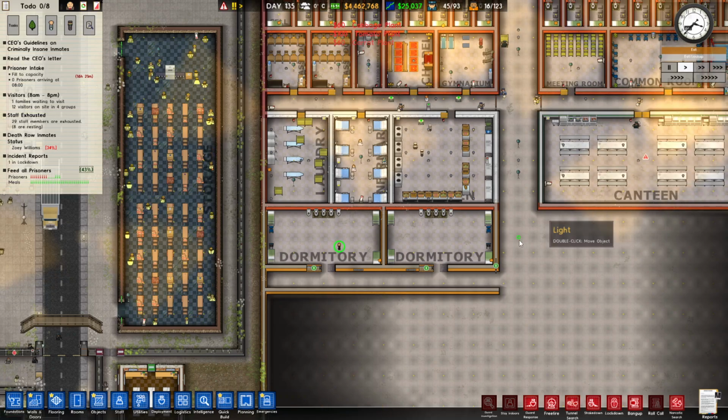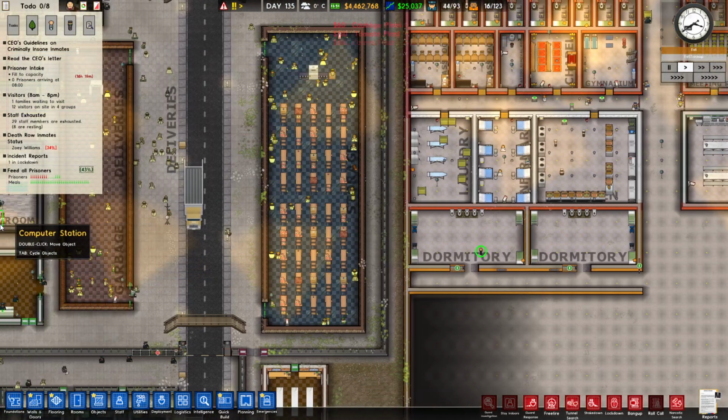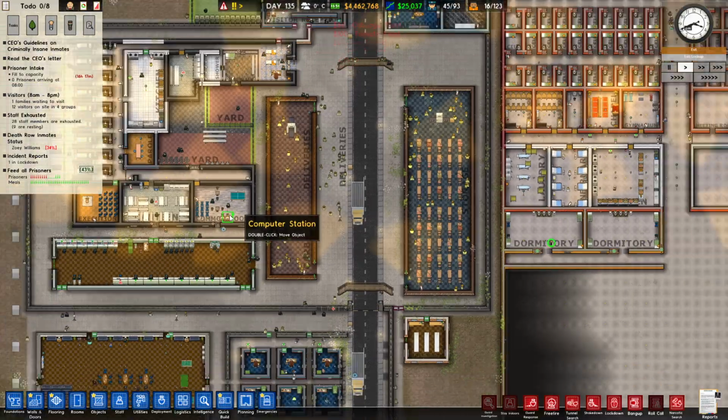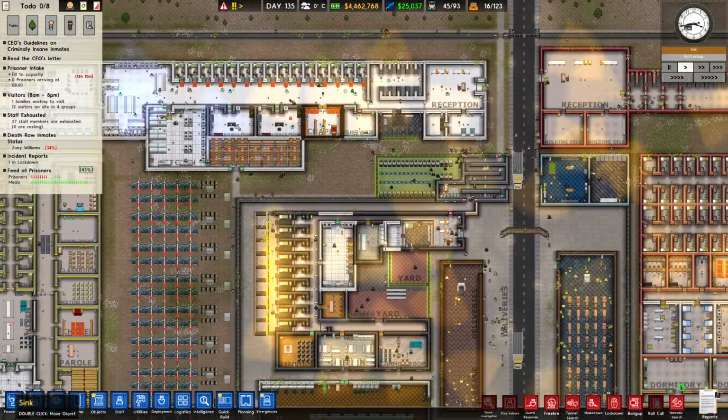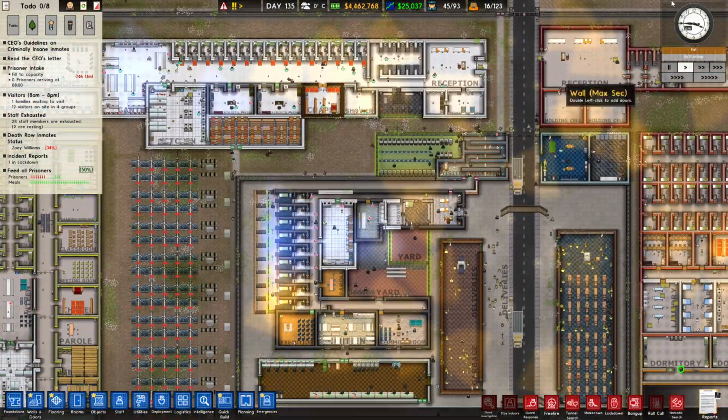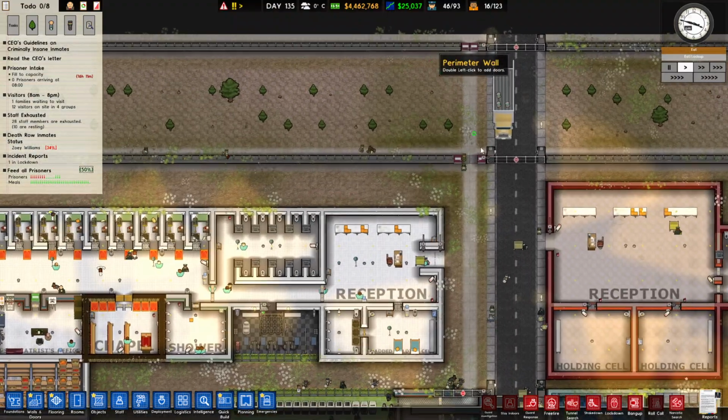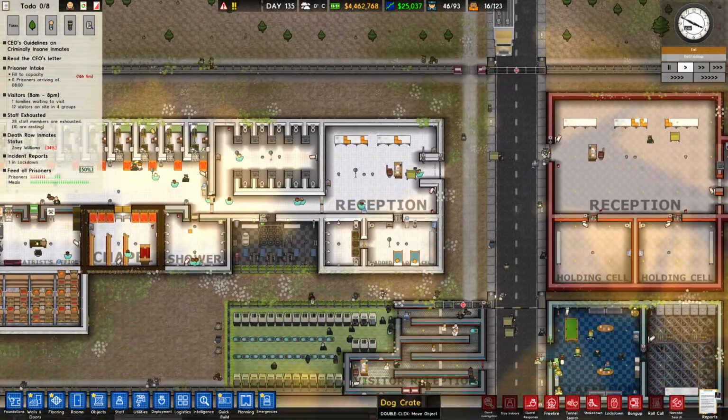Alright, let's take them to the infirmary and see if we can get them put in the right place. In the wrong cell, not even in the right cell block. Right. There you are.